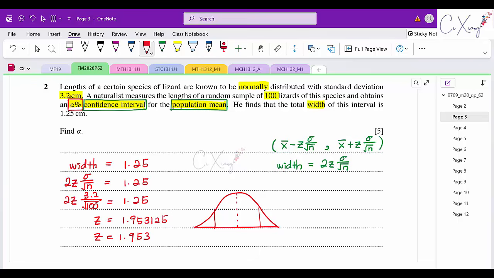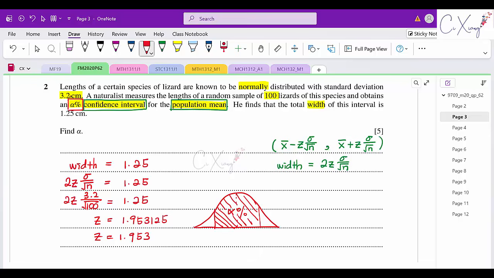And this confidence interval is from a normal distribution. Therefore, I know that my center percentage here is alpha percent. This is the confidence level that I have for any confidence interval in a normal distribution question. This whole thing is the alpha.